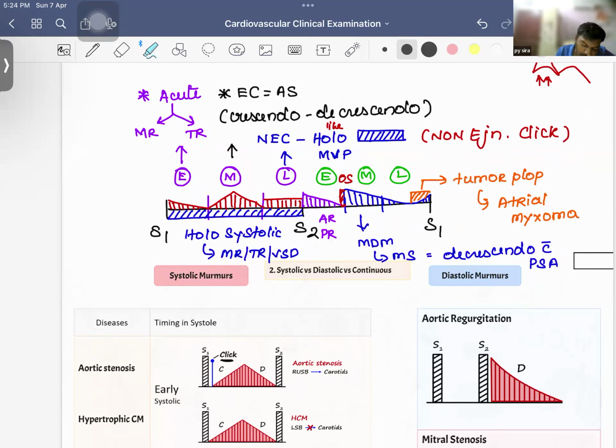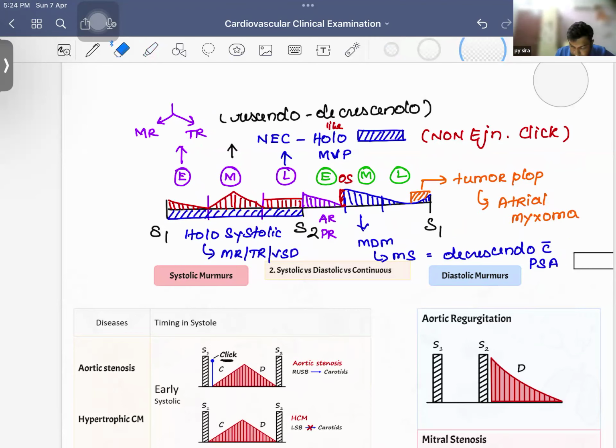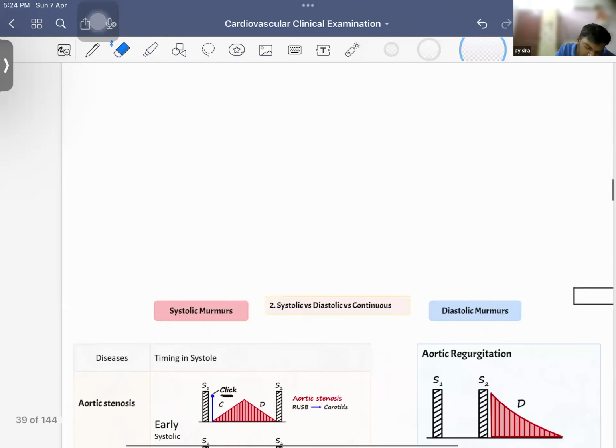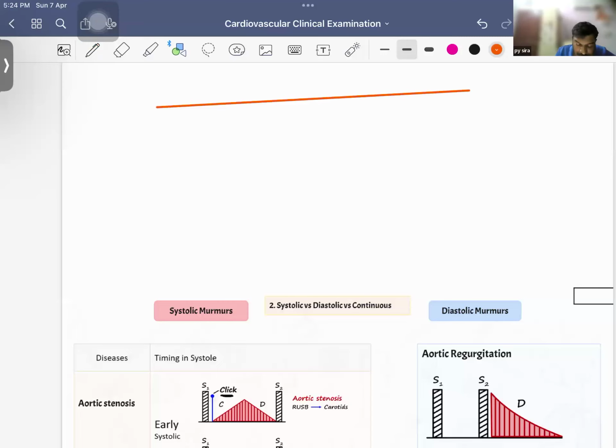I will erase it and rewrite it. So this is the cardiac cycle, where we are going to have S1, S2.